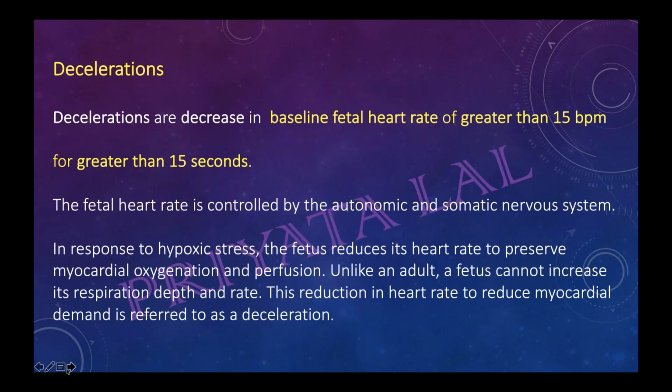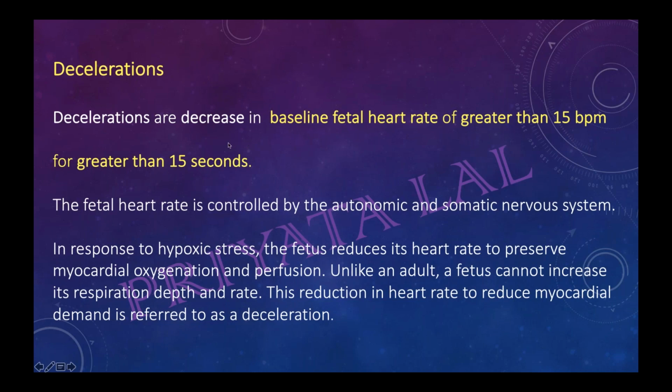So we have calculated heart rate, acceleration, variability. Now we have moved to deceleration. This is the most important part. We already know there are 3 types of deceleration, and most of the time we calculate deceleration for the categorization of CTG. So what is deceleration?